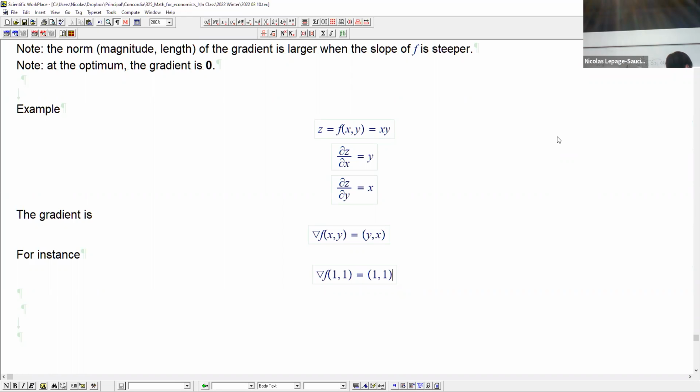If I'm at, say, 1, 1, what is the value of the gradient? It's 1, 1.